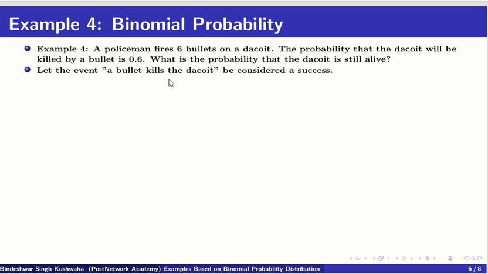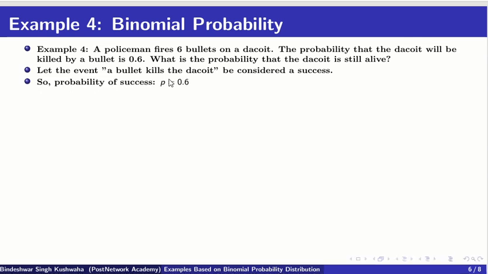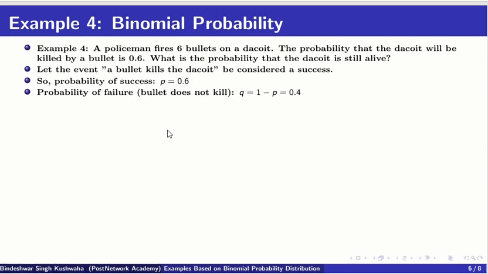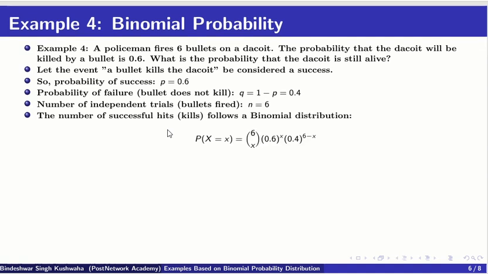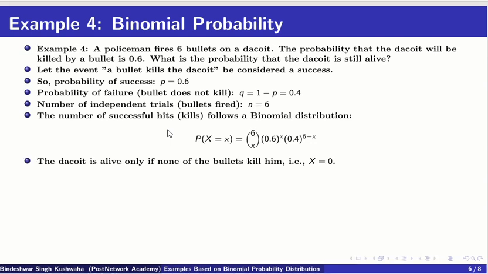So let the event that a bullet kills the dacoit be considered a success. So the probability of success p is equal to 0.6. Q, we subtract p from 1, so we get 0.4. The number of independent trials, that means n, is 6, and we will plug it in the binomial distribution, so we will get this expression.